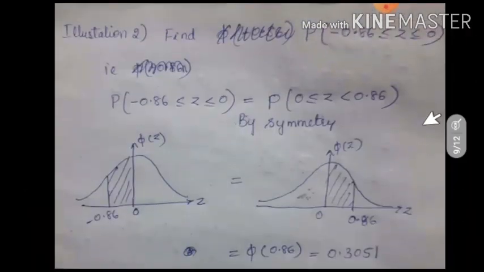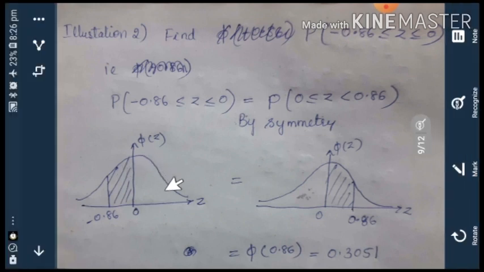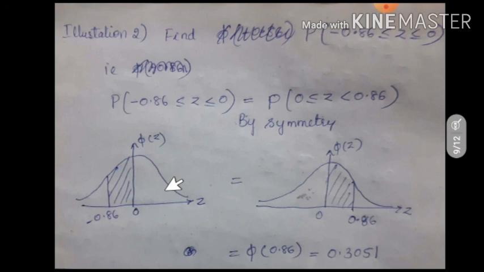Now the second problem. If I want to find the probability of z lying between minus 0.86 and 0, it means I want to find the area bounded between these two values. Draw a normal curve. Put a habit of drawing a normal curve for each condition. You can easily understand the concept.